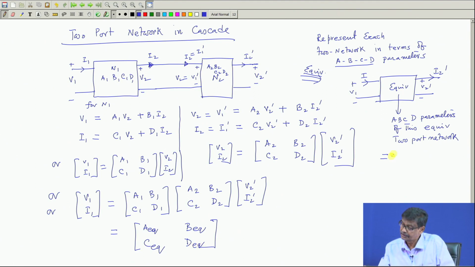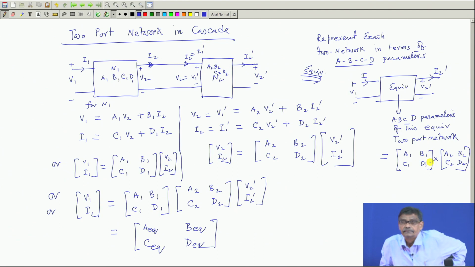So, this equivalent ABCD matrix will be just the product of these two, A1 B1 C1 D1 into A2 B2 and C2 D2, that is all. So, very easy. Therefore, if several 2-port networks are in cascade connection, what does that mean?